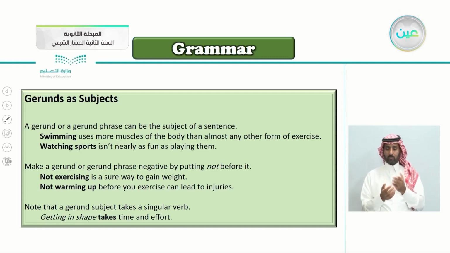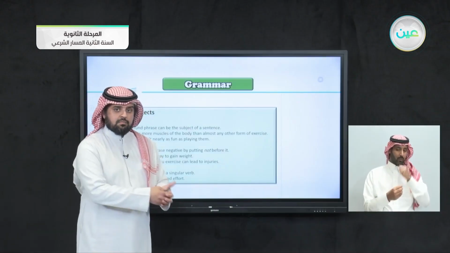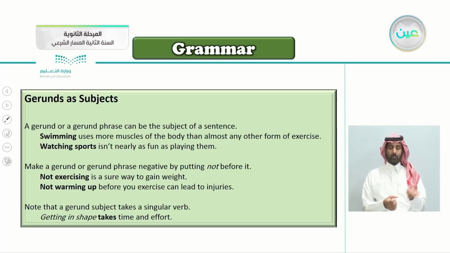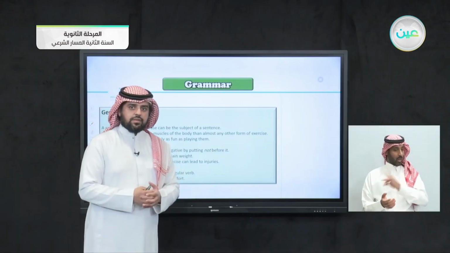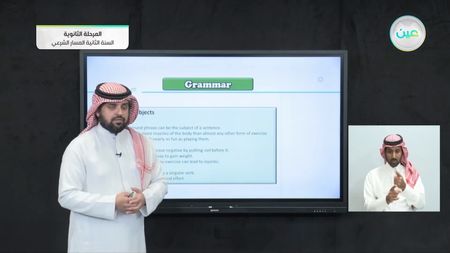So if you want to make the gerund negative, just add the word not before the gerund or the gerund phrase. Again, not exercising is a sure way to gain weight. Not warming up before you exercise can lead to injuries. Not studying before the exams can lead to maybe failure of these exams.